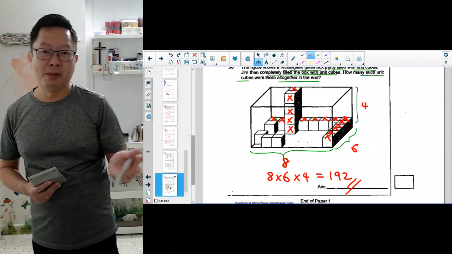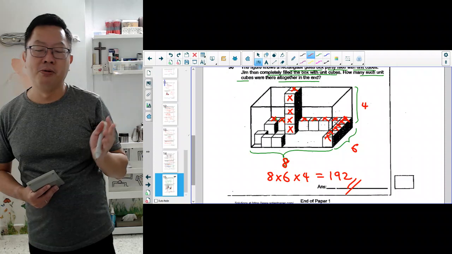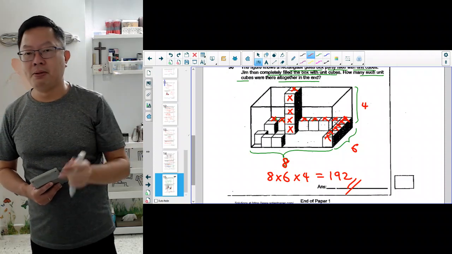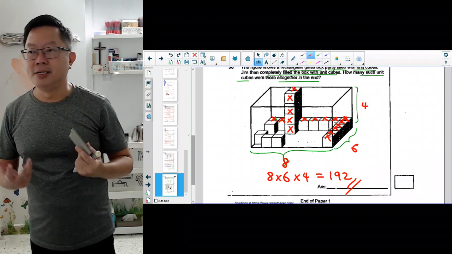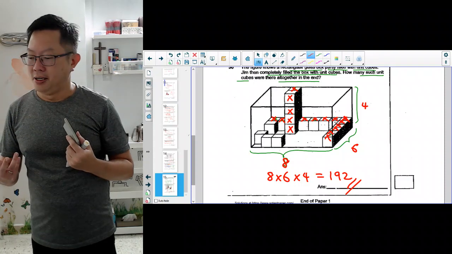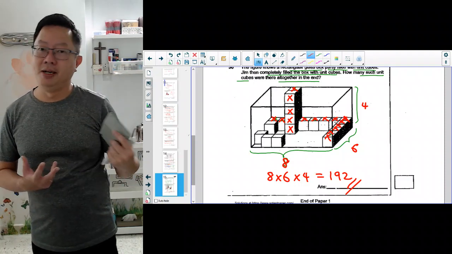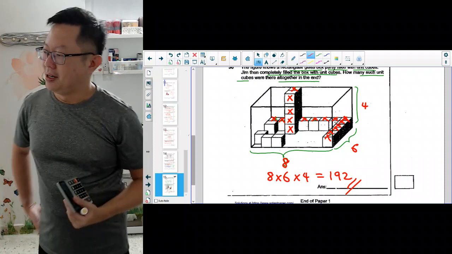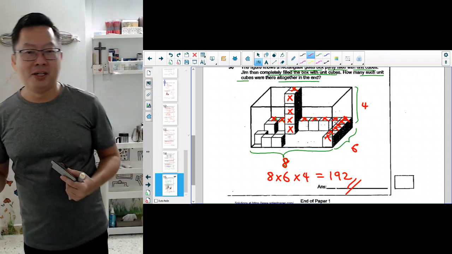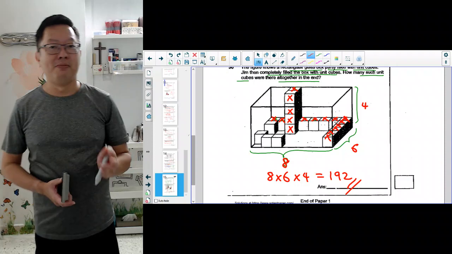When it comes to paper 2, paper 2 will of course be harder. Paper 1 is generally easier because it helps to pull up your total marks, right? Paper 2 will usually be a little harder. Hopefully after you have gone through the lesson, you don't have a lot of mistakes.